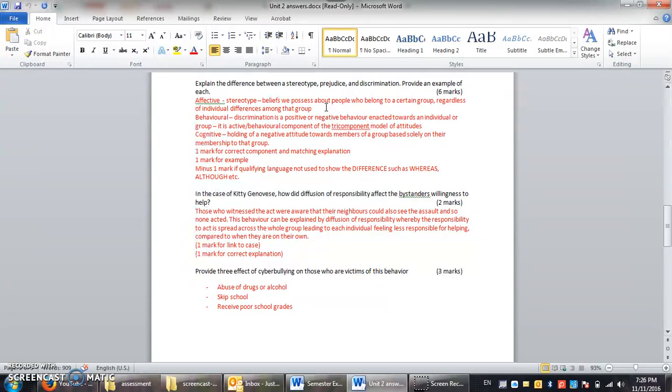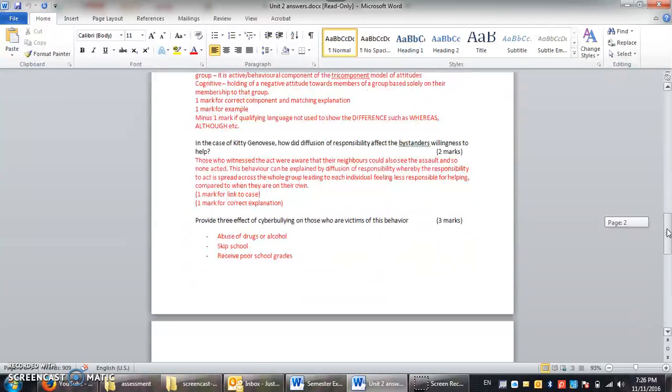That's a prejudice. So 1 mark for each correct component and matching explanation, and 1 mark for an example. So it doesn't really matter what your example is there, as long as it makes sense and is actually relevant to the particular stereotype, prejudice, or discrimination that you're explaining.